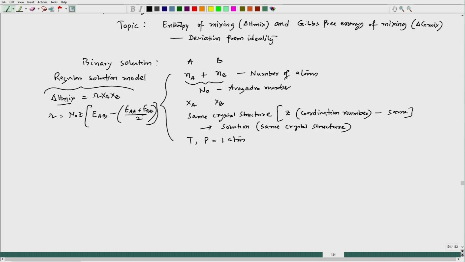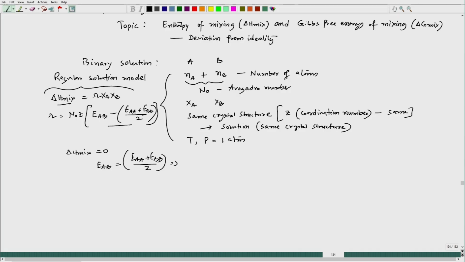Now, we will treat this particular del H mix. If I try to look at this energy part, we can see that del H mix is 0 when the bond energy of AB is equal to the average of AA and BB, that is, when omega equals 0.